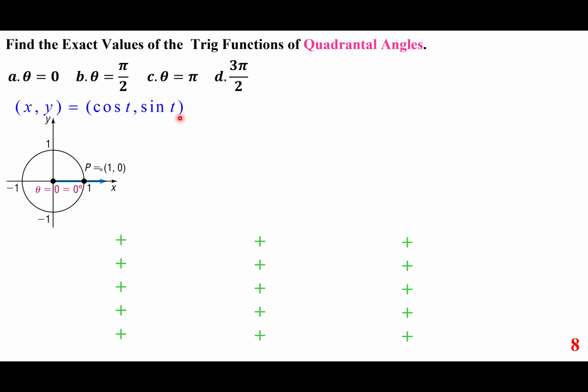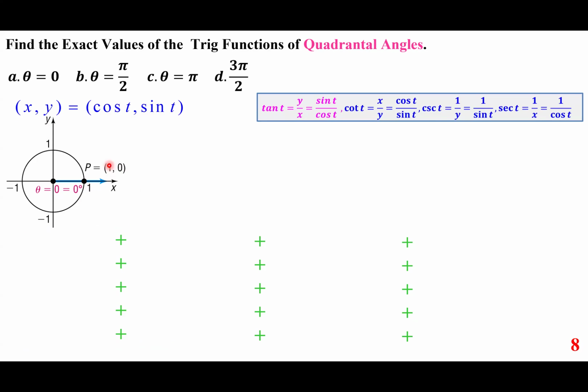If that is the case, sine of 0 must be 0, cosine of 0 must be 1. I'm going to remind you, tangent is y over x, or sine over cosine. Cotangent is the reciprocal of that, x over y or cosine over sine. Cosecant is 1 over y or 1 over sine. Secant is 1 over x or 1 over cosine. In other words, all I need is these two, and the rest of them I can figure out in no time. So again, this represents sine, this represents cosine.